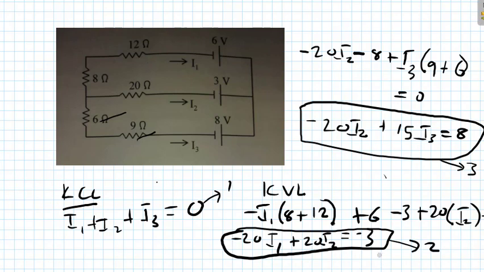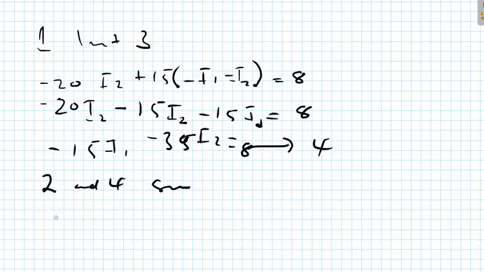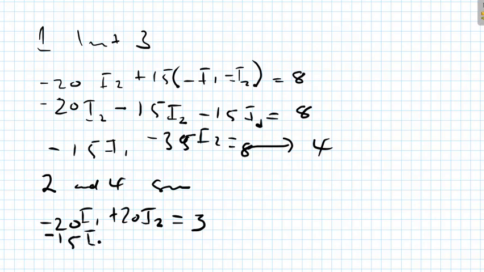So now we are solving equation 2 together with equation 4 simultaneously. So we get minus 20 I1 plus 20 I2 being equal to 3. We also have minus 15 I1 minus 35 I2 being equal to 8.